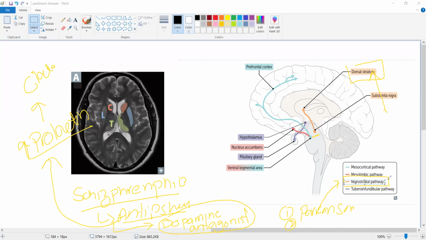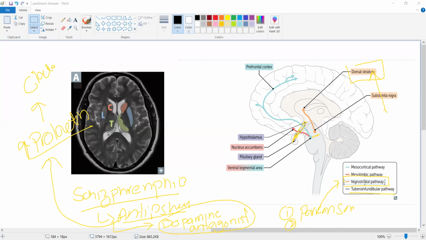Nigrostriatal pathway? No, you are wrong. That is the tuberoinfundibular pathway, right? The tuberoinfundibular pathway is basically the pathway that goes from the hypothalamus to the pituitary. So the tuberoinfundibular pathway is the culprit for the increased prolactin level in the patient taking an antipsychotic.